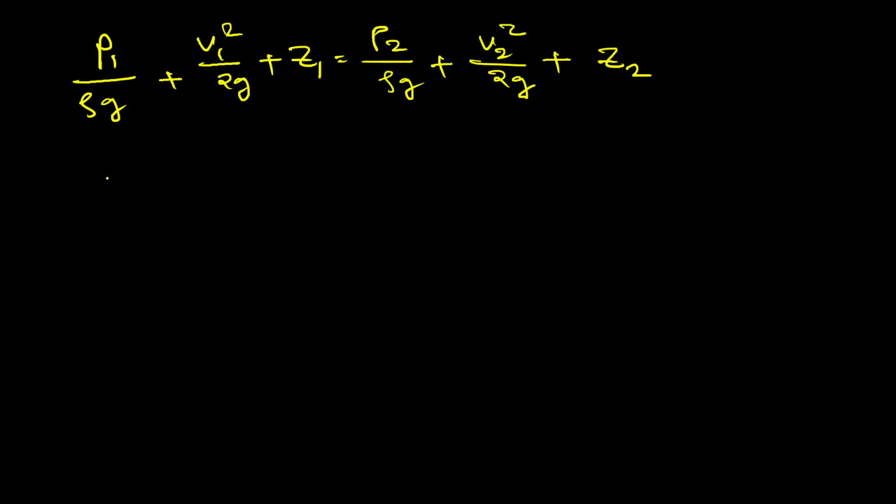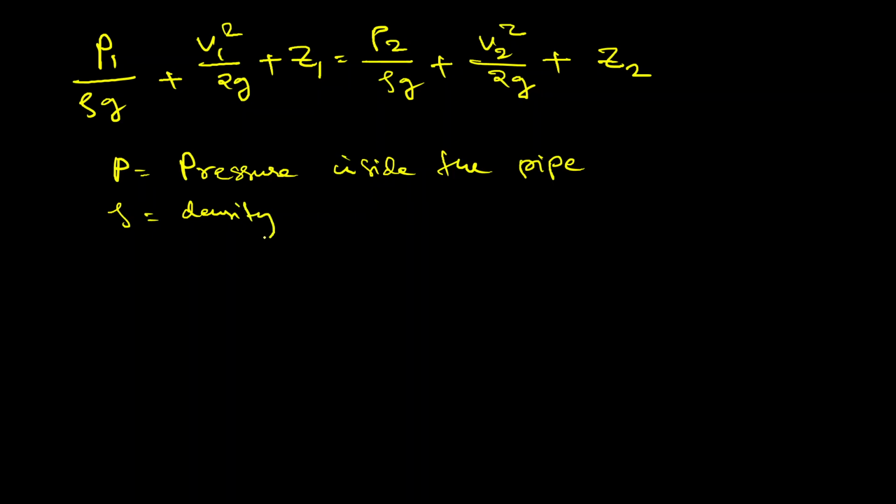After that, I will tell you all the values of this equation. P describes the pressure inside the pipe, rho defines the density of the fluid, and g defines the gravitational constant.